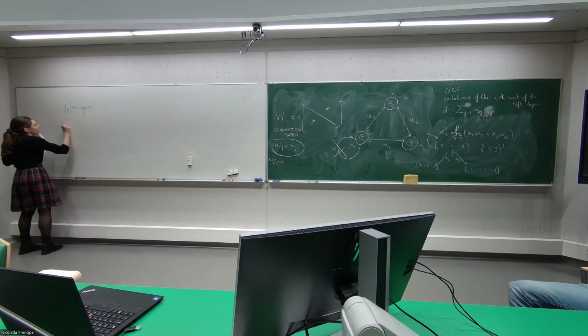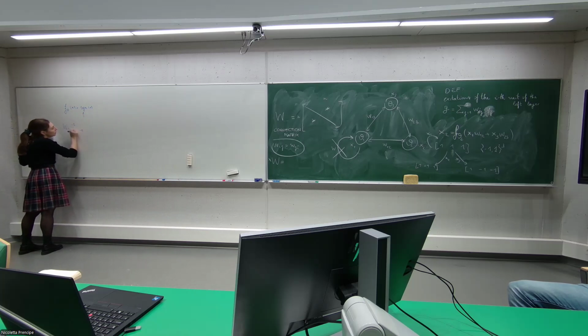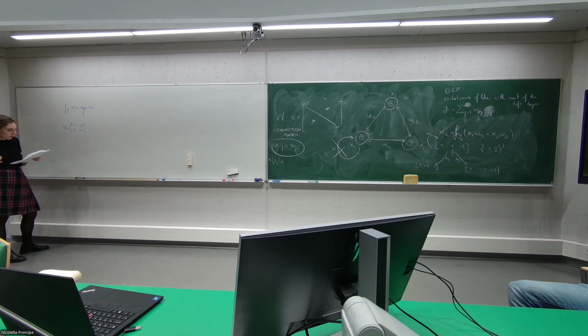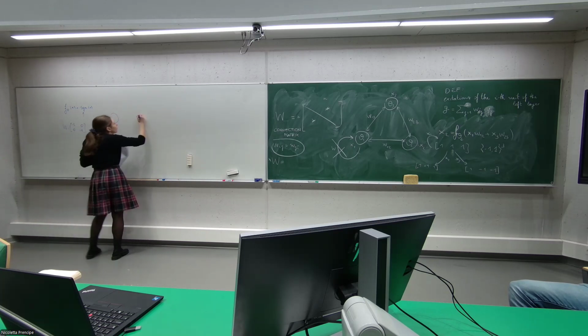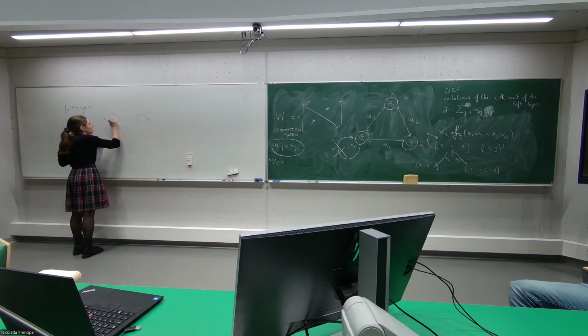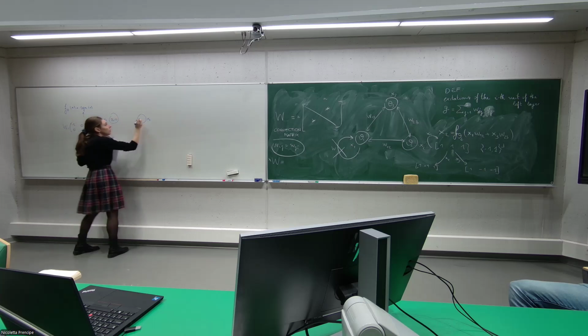So we have the weight matrix that is -1, 0, 0, -1. What is going on? I have two nodes. The threshold is 0 and the threshold is 0.